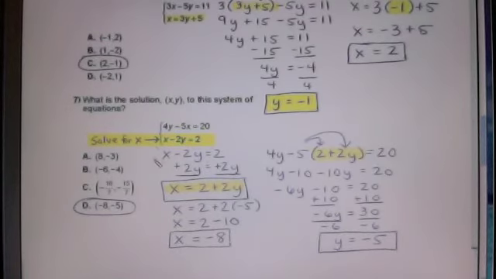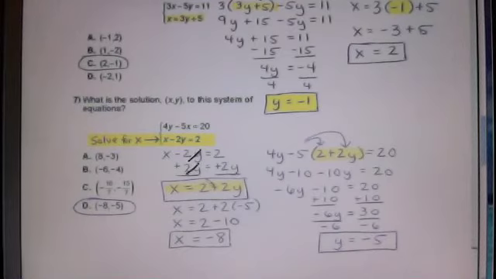As you can see here, I'm going to rewrite the second equation, x minus 2y equals 2. And to solve for x, let's add 2y to both sides. Bring down the x. Cancel out the 2y's. Bring down the 2 plus 2y, so I get x equals 2 plus 2y. So all I've done is taken the second equation and solved it for x.